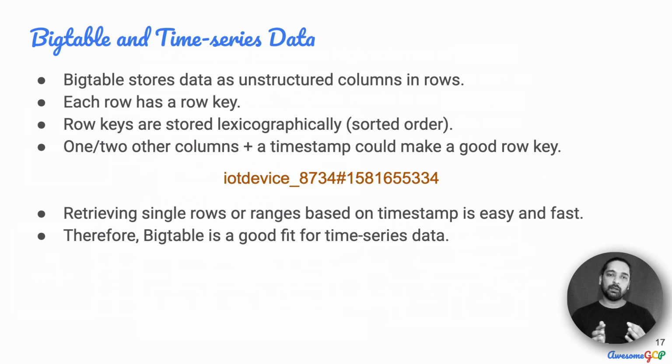If you want to find out, give me all the events that occurred in the last 1 hour, it is very easy to subtract 60 minutes from the current time and read through the data from the Bigtable. If you want to also directly access one particular event or one particular row, it's very easy to construct a key. Therefore, Bigtable is a good fit when you're working with time series data.